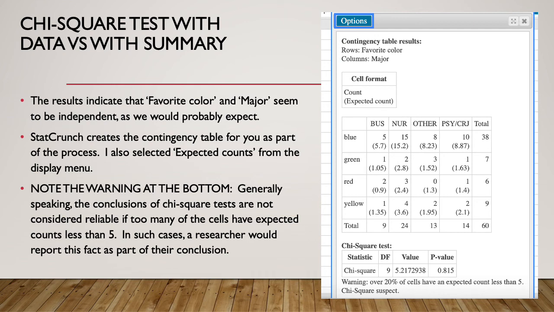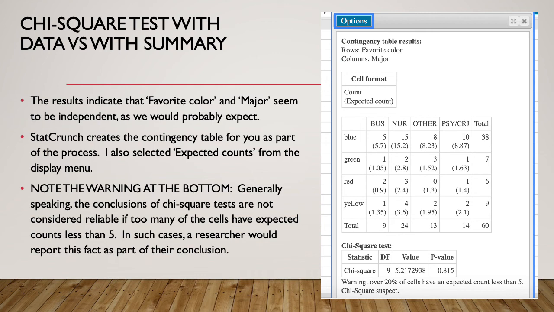All right, now one warning at the bottom, and this applies to all chi-square tests, independence, goodness of fit, and tests for homogeneity. There's a warning at the bottom that says over 20% of the cells have an expected count less than 5.